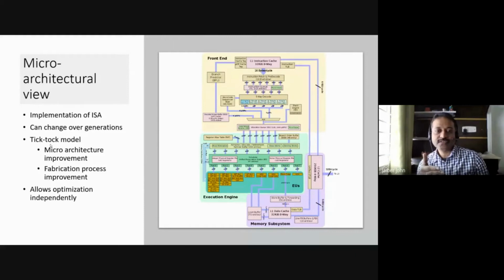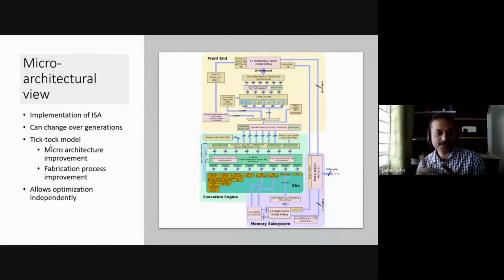The tick-tock model is something Intel adopted, where in one year they take a new microarchitecture which has many improvements, but retain the previous fabrication process. In the next year, they retain the same microarchitecture but take the new fabrication process. With this approach, we don't change both together.